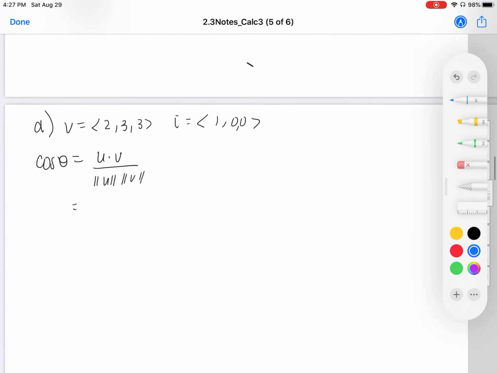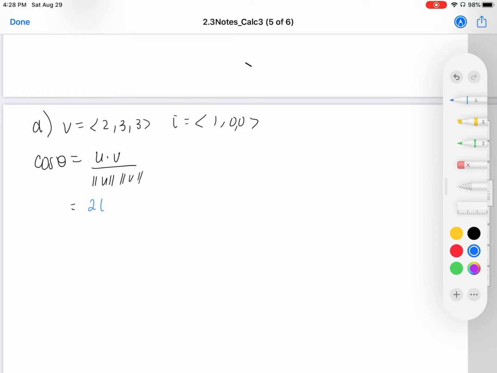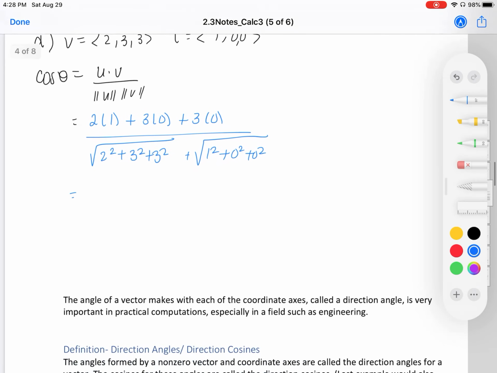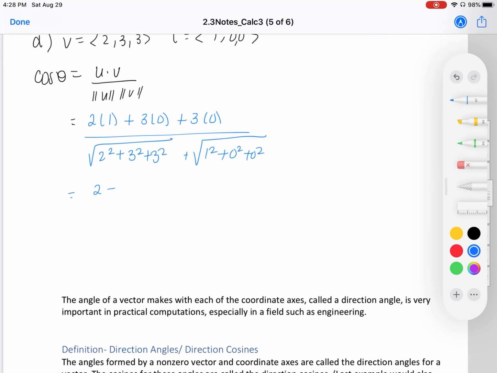Okay, let's do that. So the dot product would be 2 times 1 plus 3 times 0 plus 3 times 0, divided by the square root of 2 squared plus 3 squared plus 3 squared times the square root of 1 squared plus 0 squared plus 0 squared. And that gives us 2 plus 0 plus 0 divided by the square root of 22 and the square root of 1. So then we get 2 divided by the square root of 22.